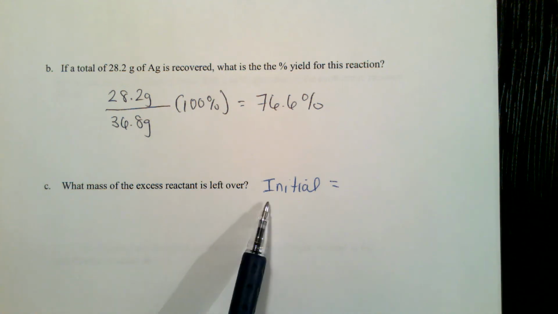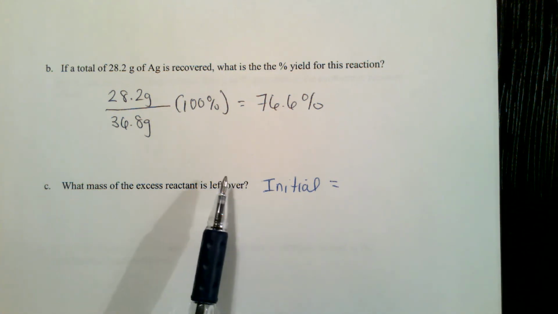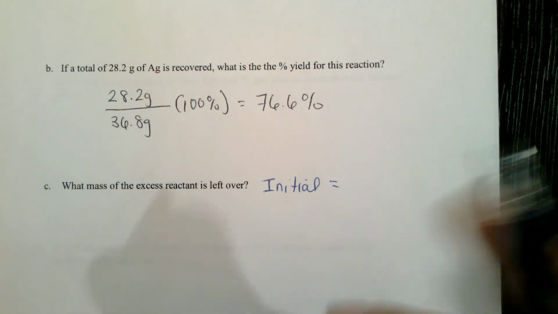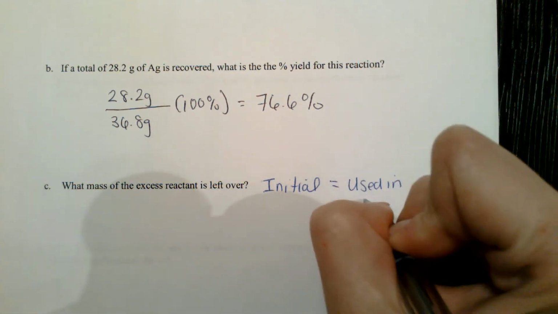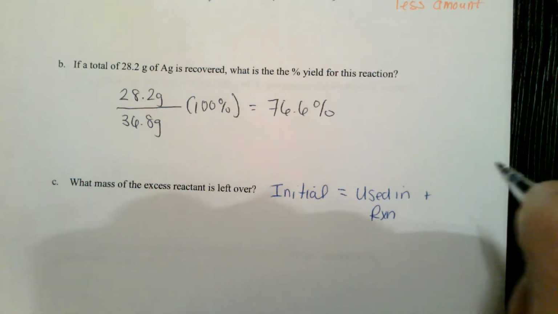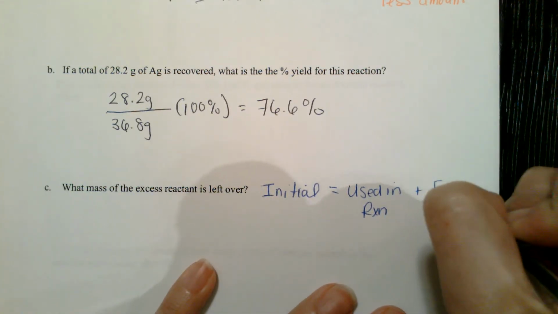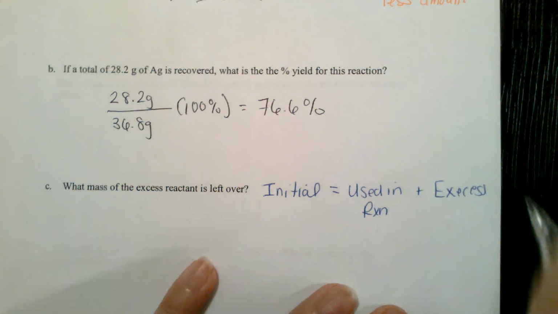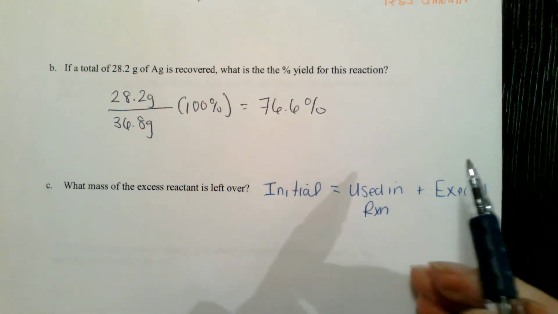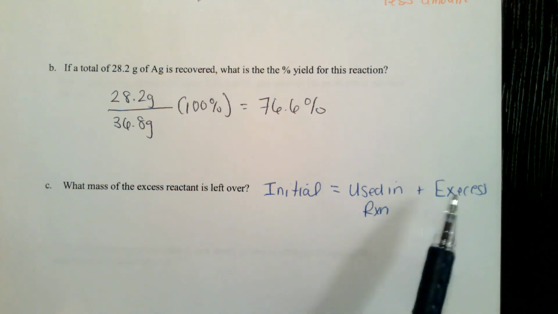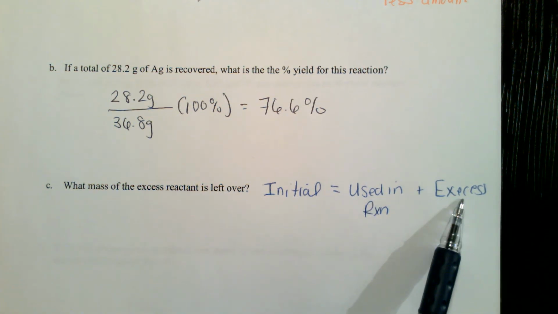We have the initial amount of whatever it was in our reaction, in this case the silver nitrate. The initial amount is going to equal what's used in the reaction plus what's left over in excess. Some part of that 60 is going to be used in the reaction and some part of it is going to be left over in excess.